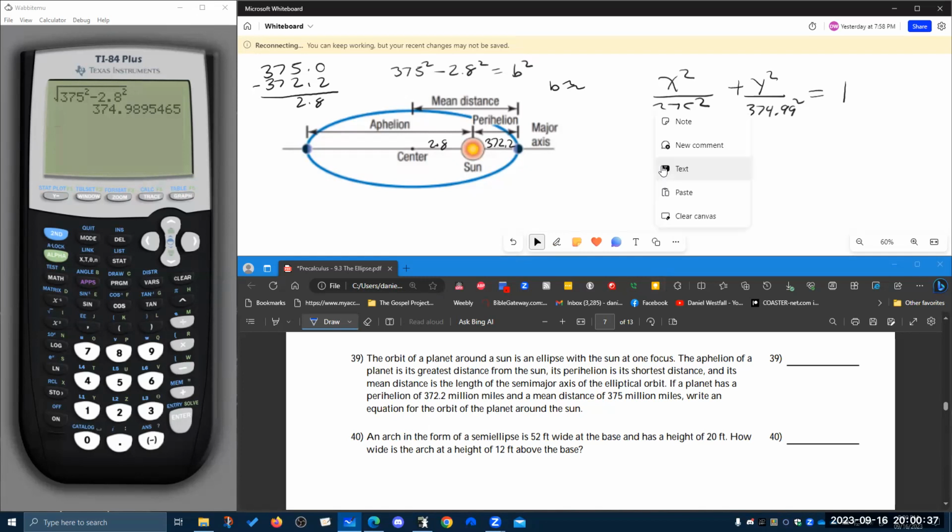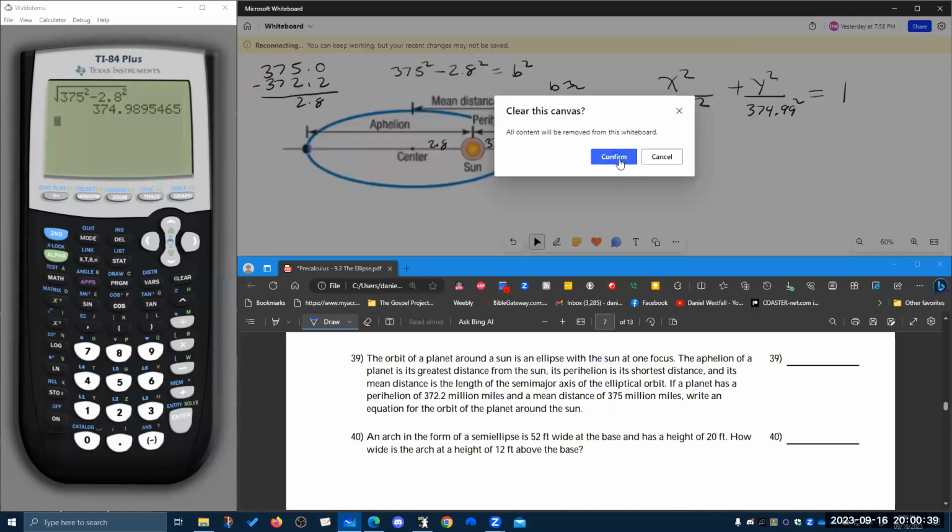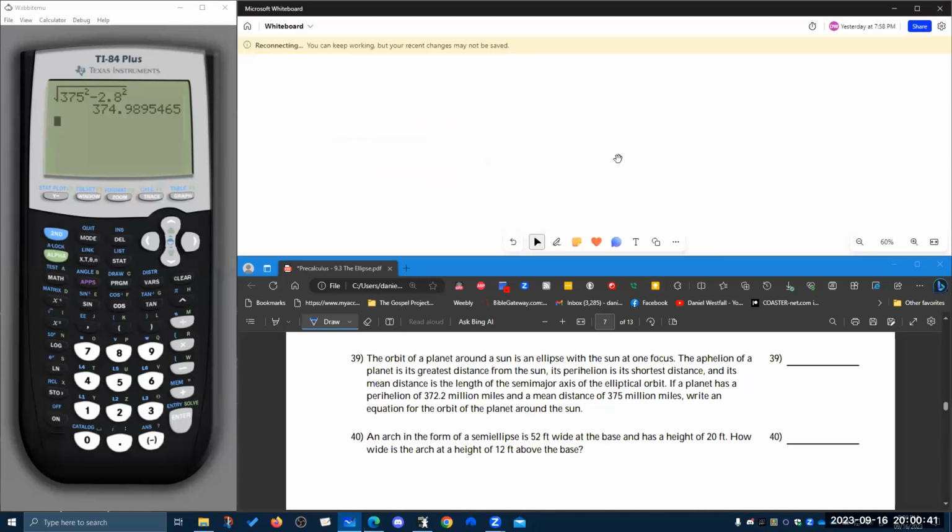All right, I don't need the picture anymore, so I'm going to clear the entire canvas. And let's go ahead and look at this last problem, which is another arch that's semi-elliptical. And it's 52 feet wide at its base, meaning that this is 26, and it has a height of 20.